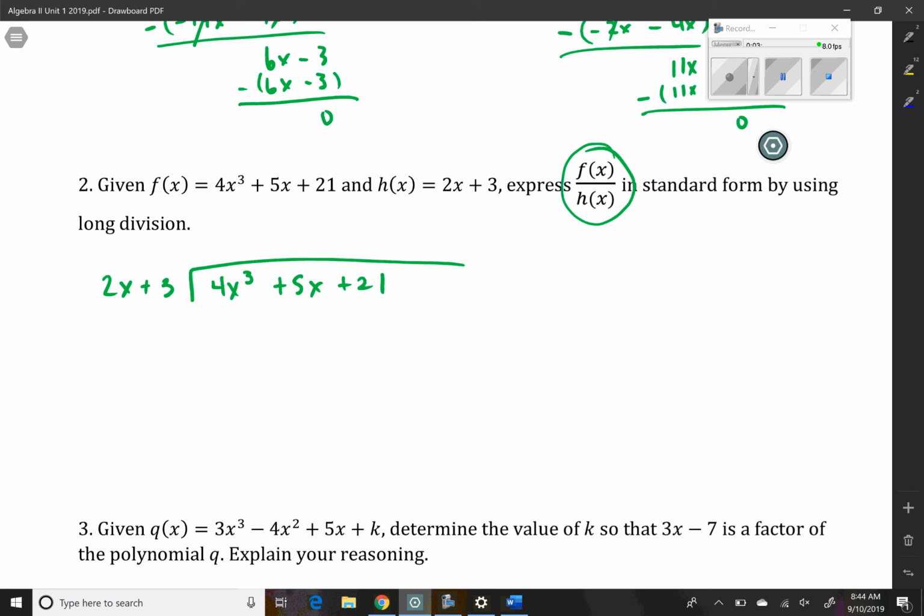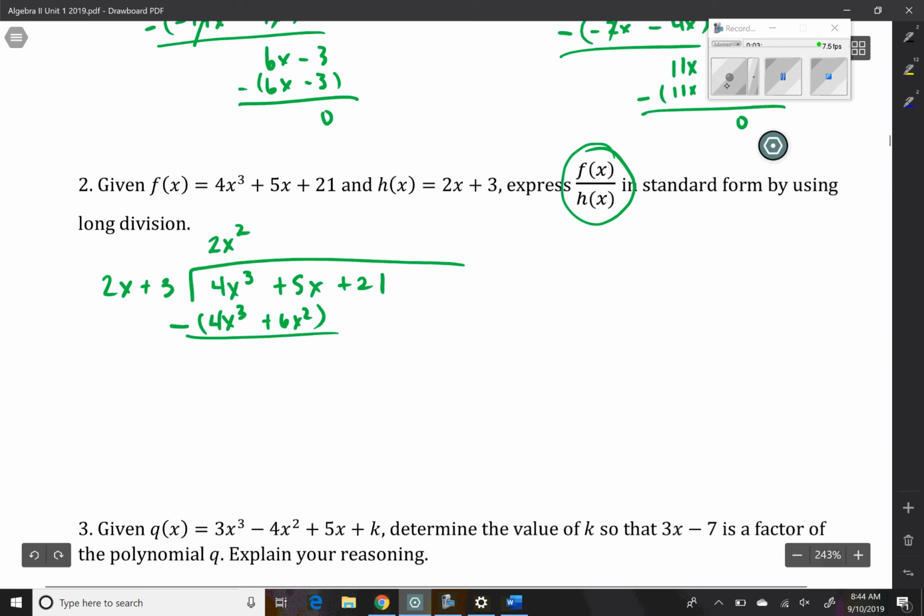It's okay. So to make 4x cubed, we need 2x squared. That's going to give us 4x cubed and 6x squared. We are subtracting this. These cancel, but notice 5x and 6x squared are not like terms. So I'm just going to write them next to each other, the larger term first. Notice it's 6x squared because of the negative here.